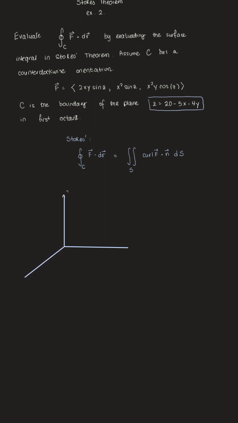So it looks like the z-intercept is 20, and that's when both x and y are 0. The y-intercept is 5, and the x-intercept is 4. And so the region is the plane enclosed by those 3 line segments.